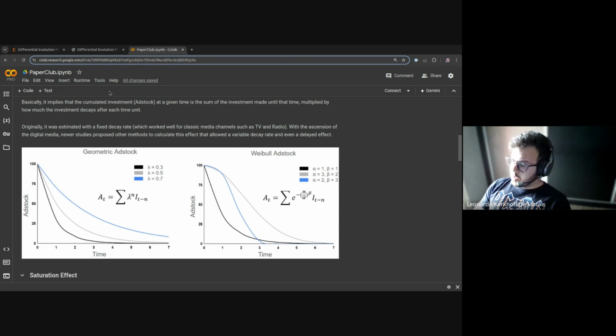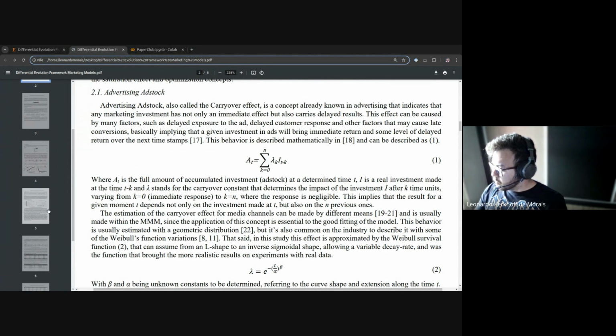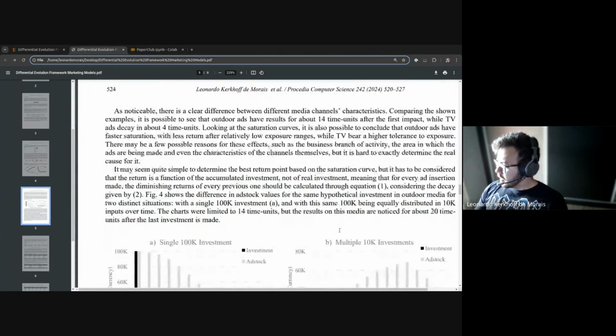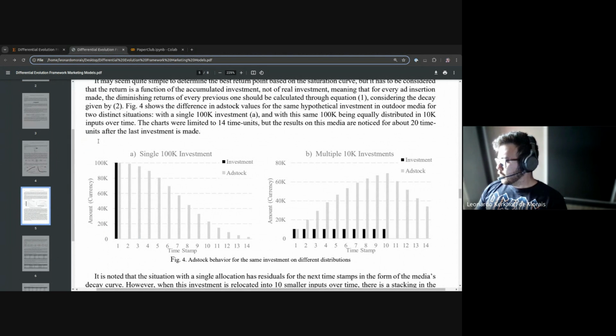And why is this Adstock an important thing? I brought here, let's jump some pages, then we get back. Here is an example I brought to explain how the Adstock works. Here, basically, we have the same investment on the same media channel with just a different distribution along time.